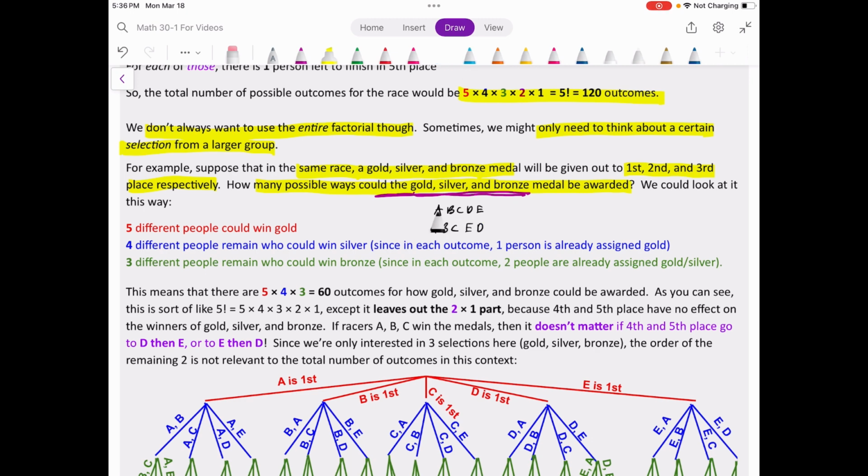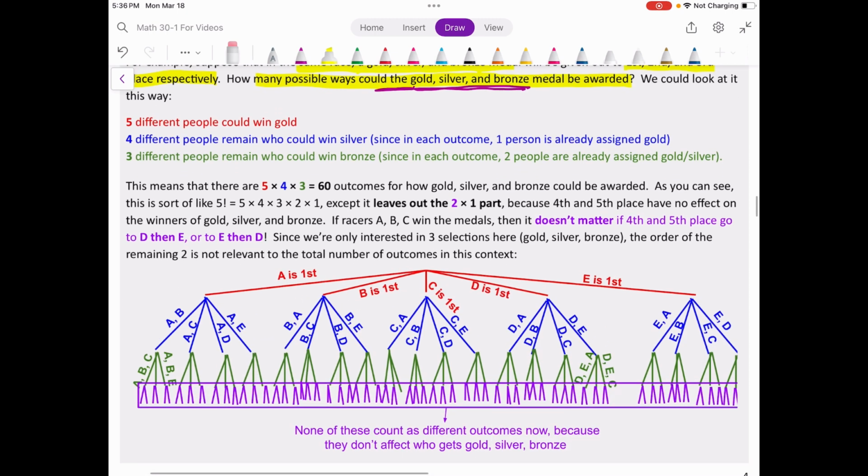If we look at it this way, A got gold, B got silver, C got bronze. If we look at it this way, A got gold, B got silver, C got bronze, right? So now we don't actually care about what order the 4th and 5th place came in, because that doesn't make a difference to what we're interested in. What we're interested in is how many ways are there to award gold, silver, bronze. And the order of the 2 people who didn't get any medal doesn't change that outcome, right?